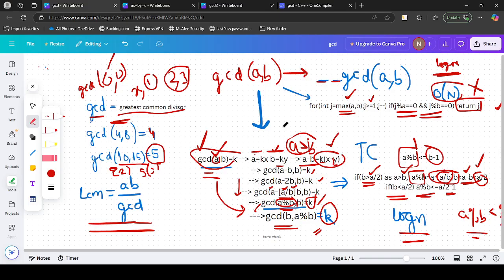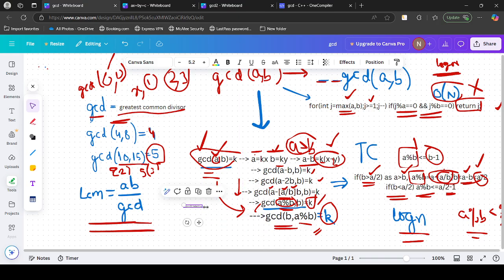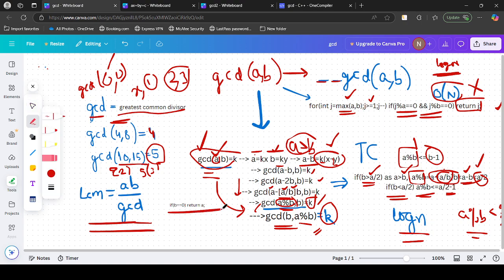So by recursion, GCD of a comma b is equal to GCD of b comma a mod b, and the base case is, as we have discussed, if b is equal to 0, then return a, because if we have 0, the GCD is the number itself. So if b is 0, then return a. It's the final GCD. So with time complexity of log n, we are able to achieve the GCD of given numbers.